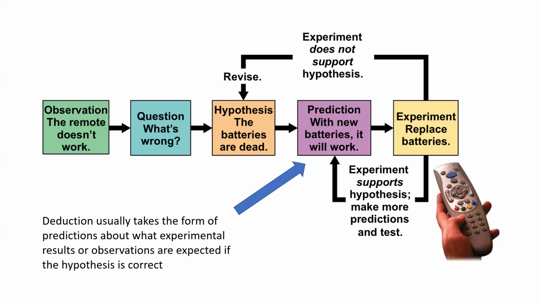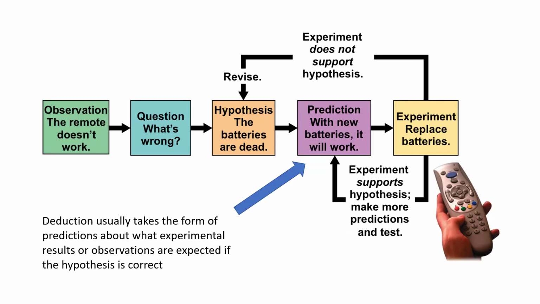Based on previous experience in your life, you can probably guess maybe the battery is not working. That's a tentative answer to your question. We call that a hypothesis. Some people call it an educated guess. It might be correct, it might not, we don't know, but it's our best answer for the moment.